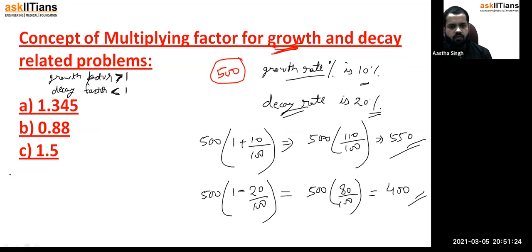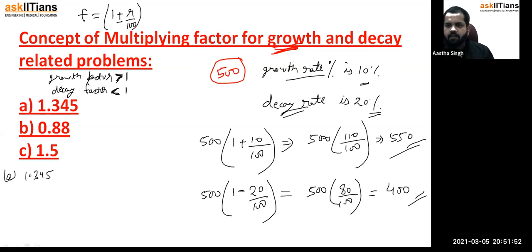So in the first question, 1.345 is given. Basically your factor is 1 plus or minus r upon 100, right?